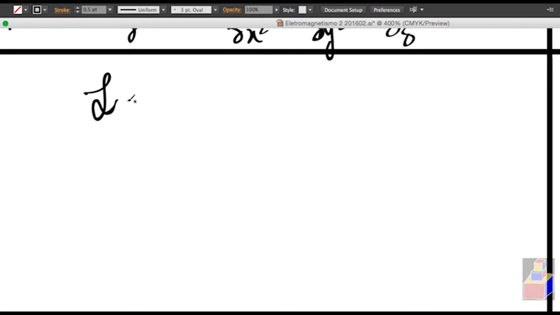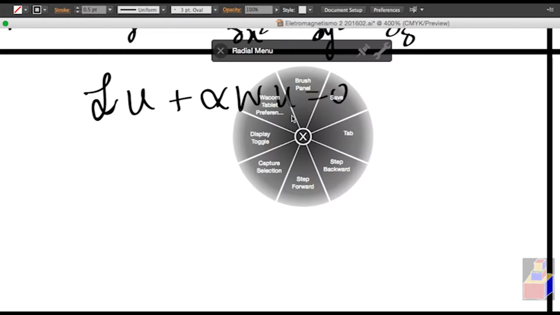Yeah. LU plus eigenvalue, weight, U equals 0. Okay? So for this type of differential equation, U is a solution.